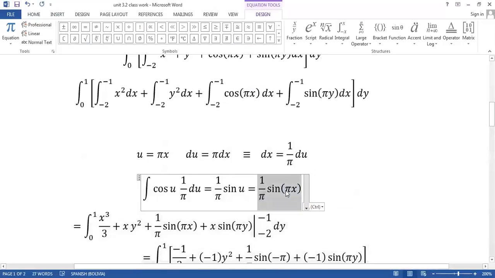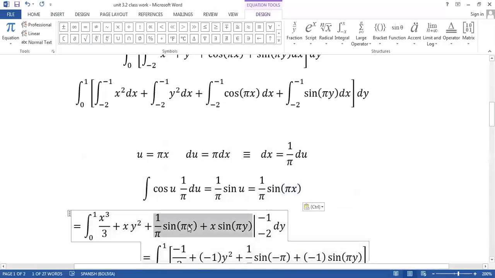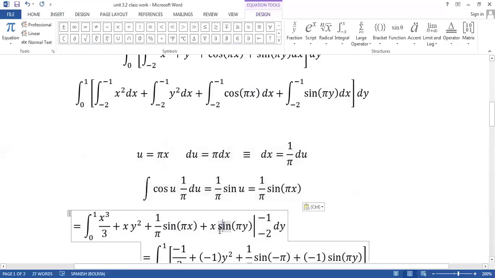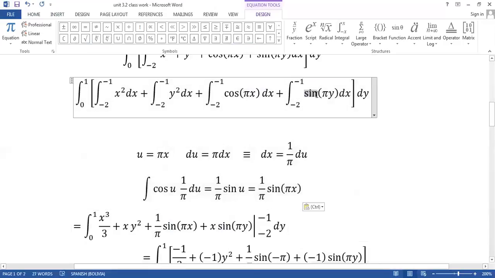So this is what I have here. And I just continued and integrated this one now. This is integrated here. You're going to ask me, why is it different? Because all of this is considered a constant.